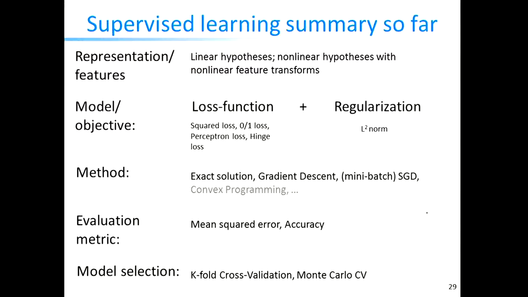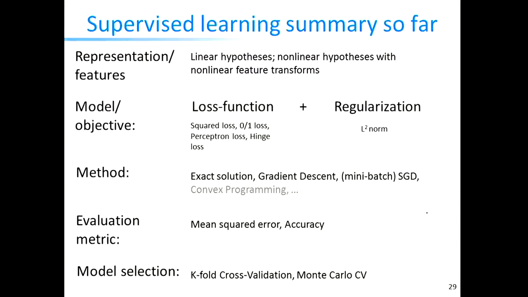Here we've primarily been talking about linear hypotheses, all linear in the weights. But this doesn't mean they're necessarily linear in the data, so you can still fit nonlinear functions like polynomials using these linear methods. In the end, we look at classes of hypotheses determined by the features we use. So that's the representation, features, etc.